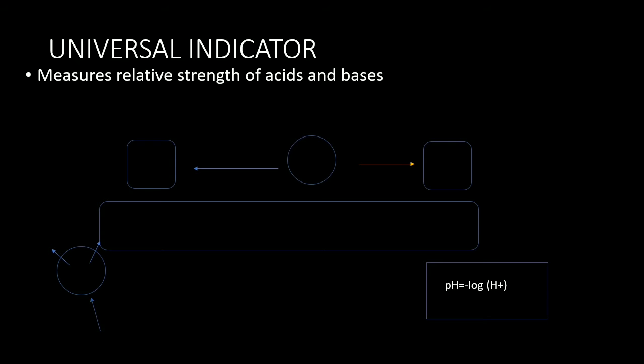So this indicator gives us an idea about the strength of acids and bases. To understand it better, we should have a concept about the pH scale. How does this indicator work? It works on the basis of the pH scale.